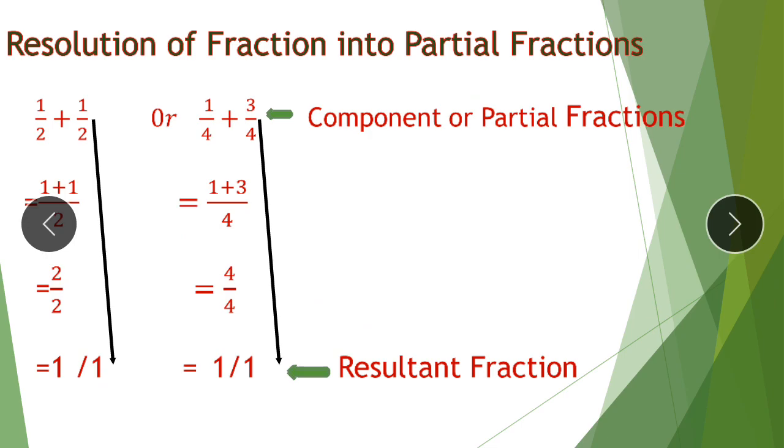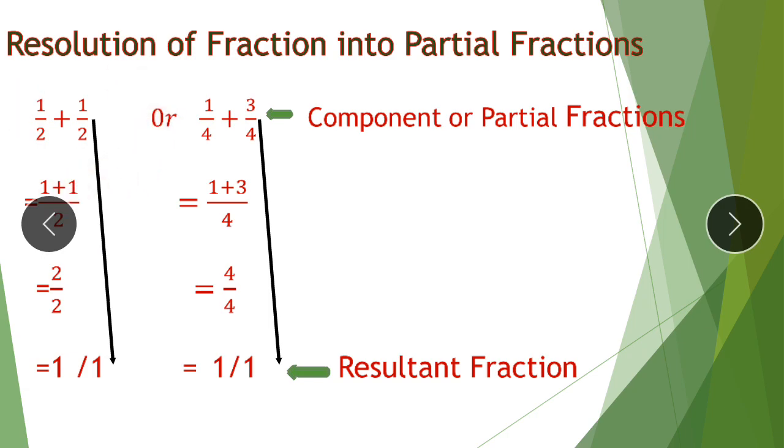Okay, now let's come towards the main topic, which is resolution of a fraction into partial fractions. Here you can see some fractions: 1 upon 2, 1 upon 2, 1 upon 4 and 3 upon 4, with a plus sign between them. When these fractions are added, we can add them with the help of LCM. We take 2 common, so 1 plus 1, and as a result we will get 1.